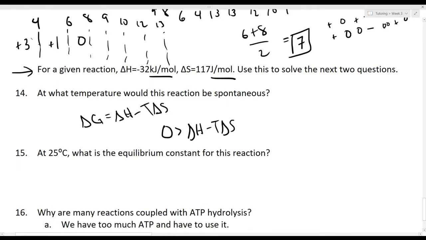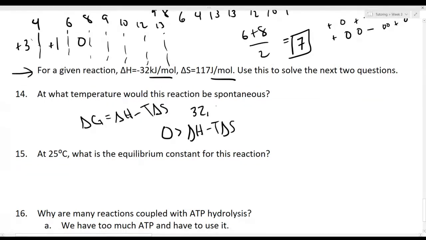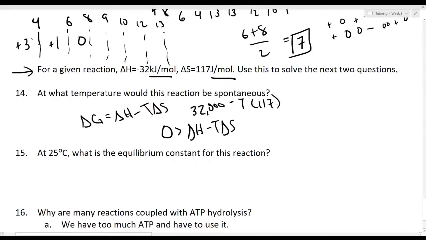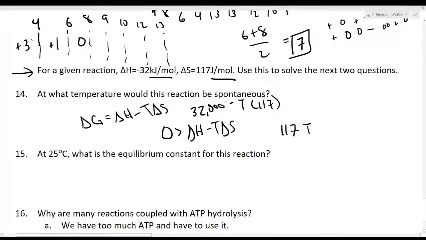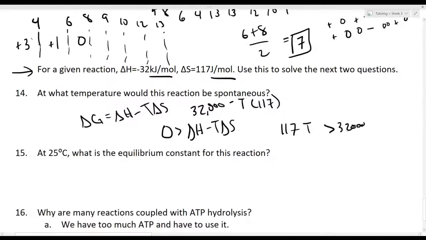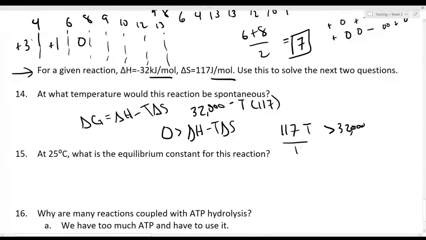Delta H almost always uses kilojoules. Delta S usually uses joules. So just keep that in mind doing these. So I'm going to say 32,000 minus T times 117. I'm going to add that to the other side. 117 T has to be greater than 32,000, and then divide by 117.